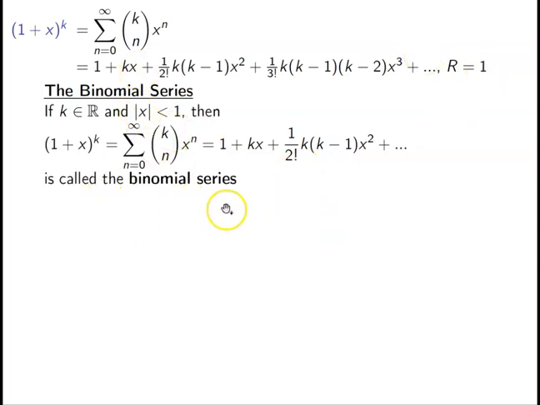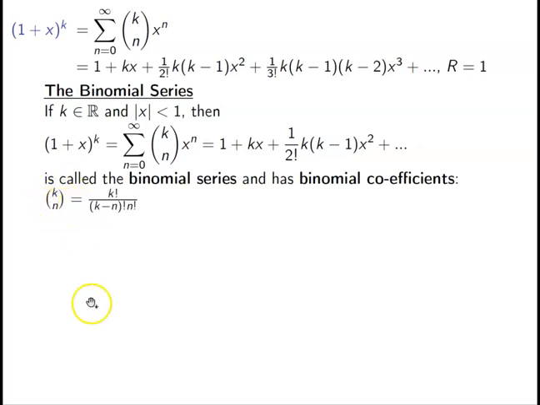This is called the binomial series, and it has binomial coefficients, this n choose k that we have here. So n choose k is given by a formula: the top number factorial, over the difference between these two numbers factorial, k being the larger and n being the smaller. It doesn't really matter. You can go the opposite way and it works the same way. And then the bottom number factorial, right? So top number on top, then the difference between the two factorial, and then the bottom number factorial.